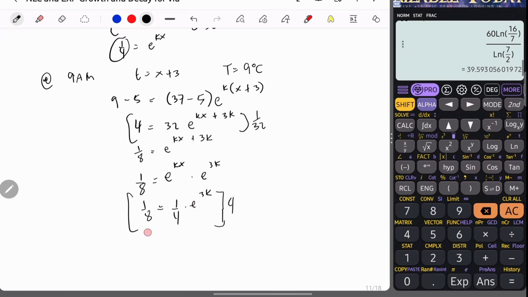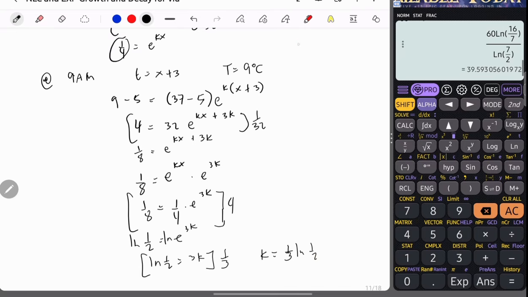So 4 times 1/8 is 1/2, and 1/4 times 4 is 1. So e to the 3k equals 1/2. Then take ln of both sides. So ln 1/2 is equivalent to 3k. Then divide both sides by 3. So we have k equal to 1/3 ln 1/2.